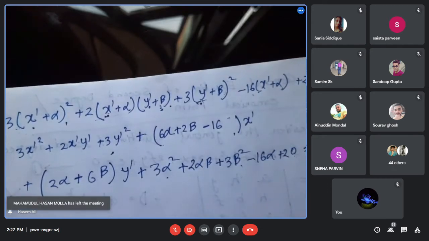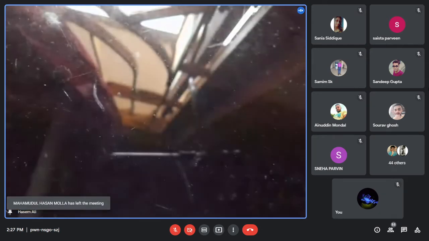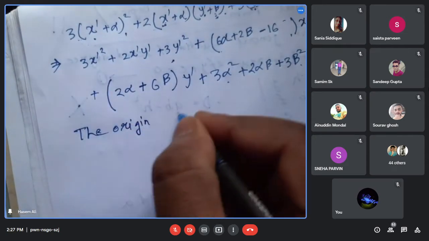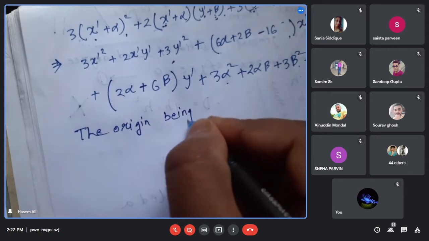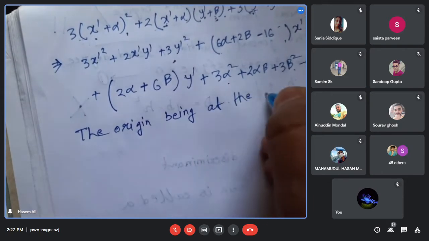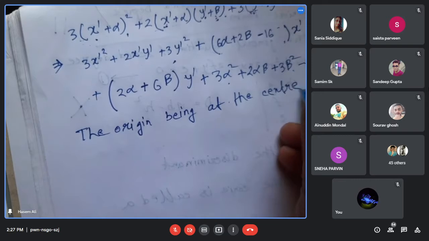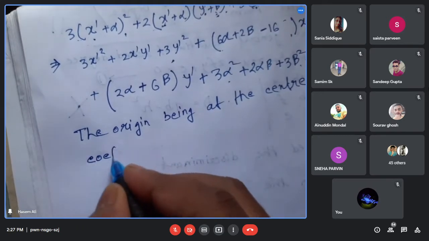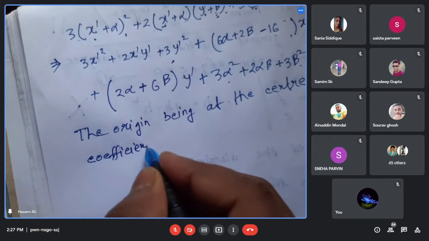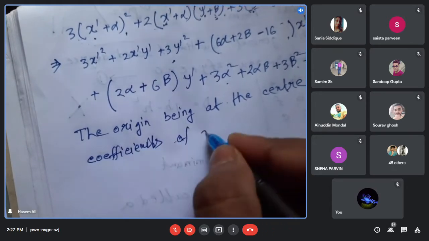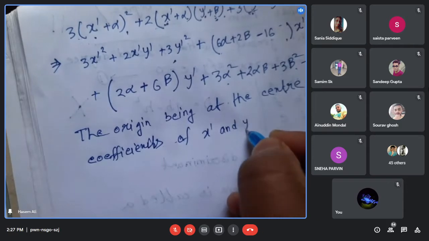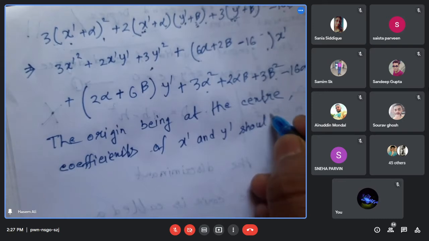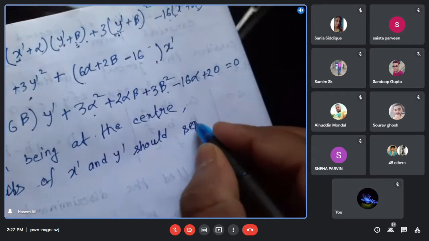The origin being at the center, the coefficient of x dash and y dash should separately be 0.